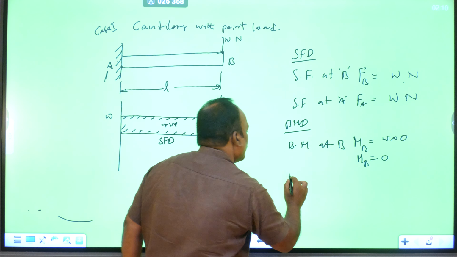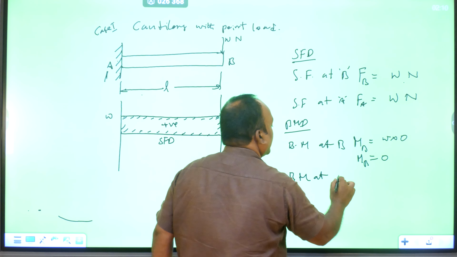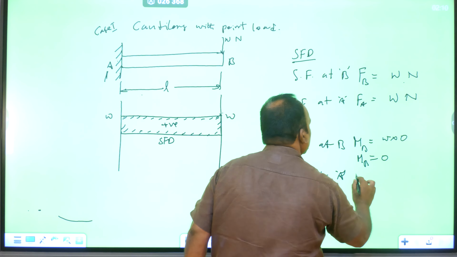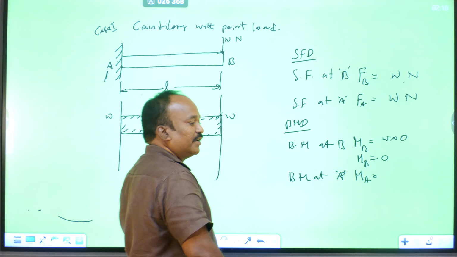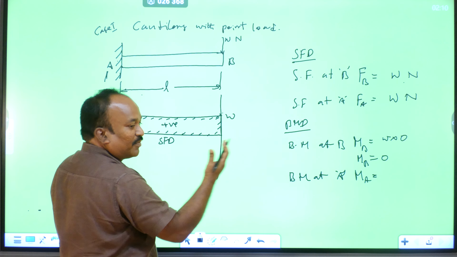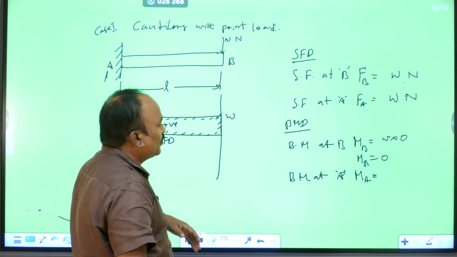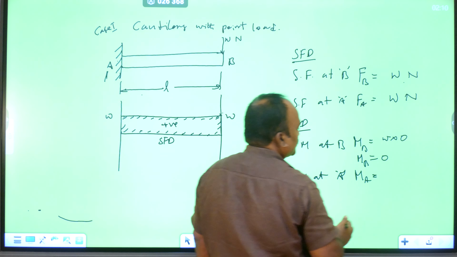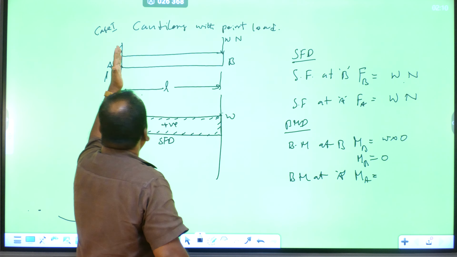Next, bending moment at A, that means M of A. According to the definition, it is the algebraic sum of moments of vertical forces. From A, how many vertical forces?